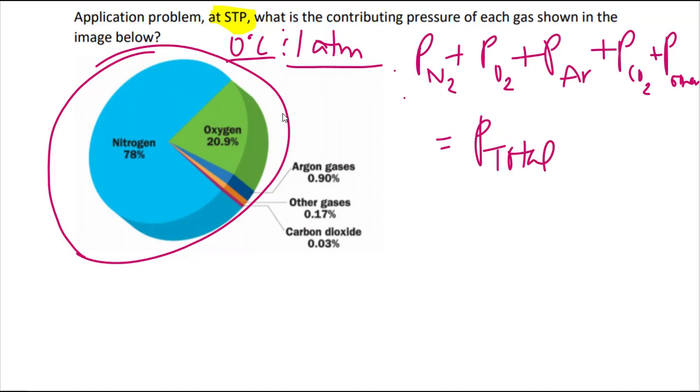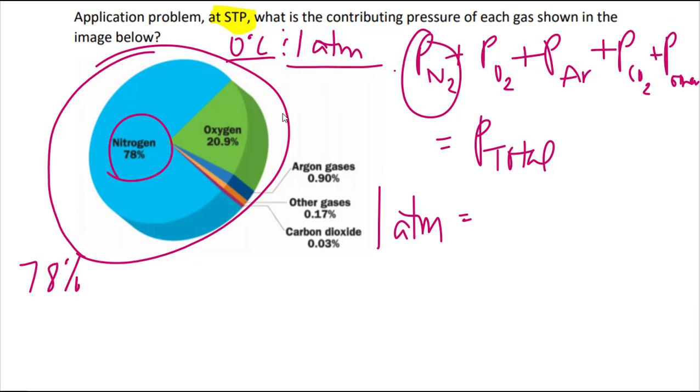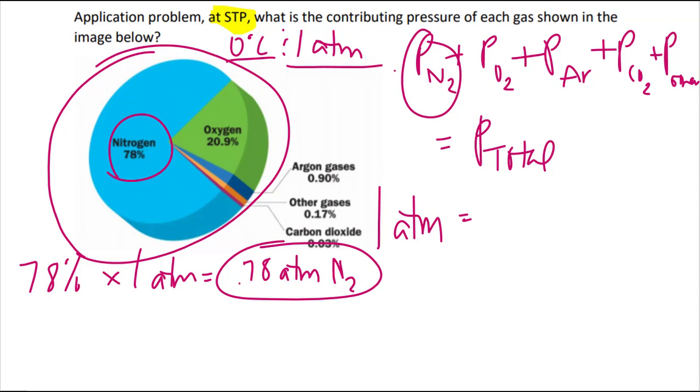Okay, so if we say my total pressure is 1, I need to figure out what all of these parts are. So all I need to do is take 78% times 1 atm to get 0.78. So this is for my nitrogen. My nitrogen pressure is 0.78 atmospheres.